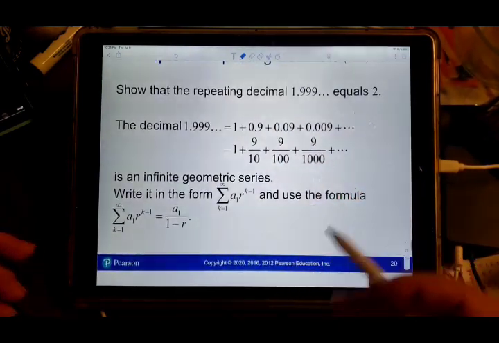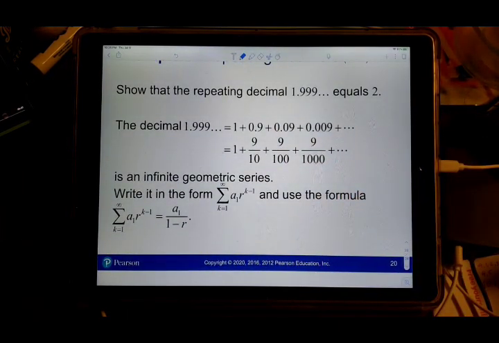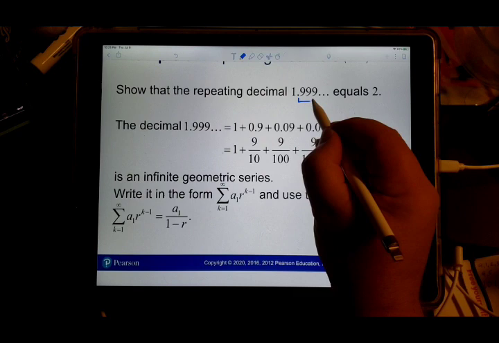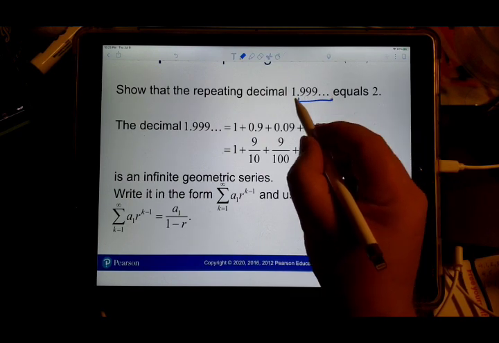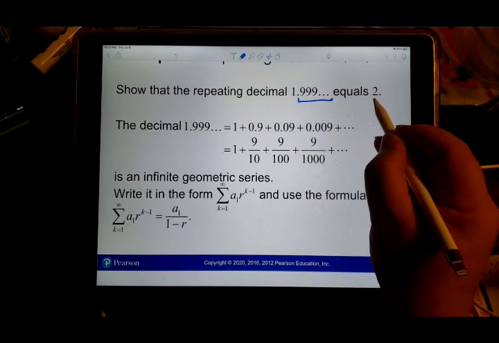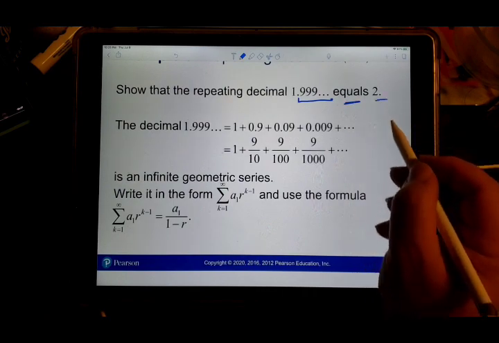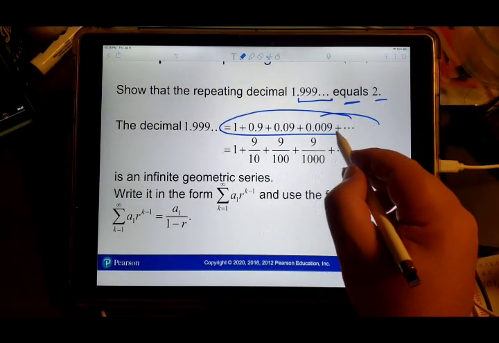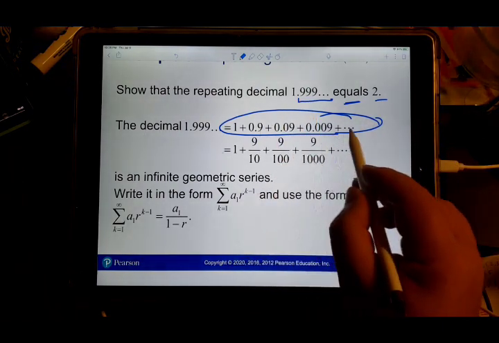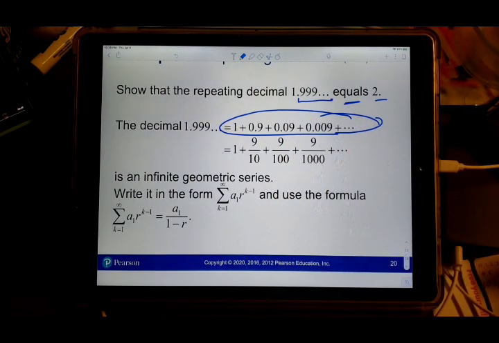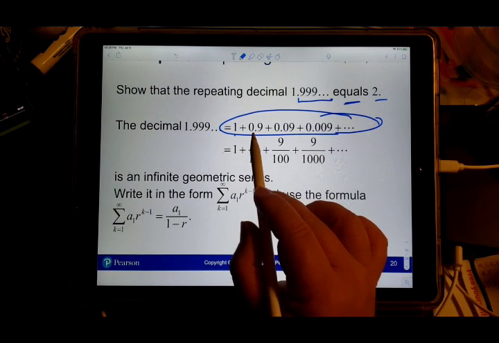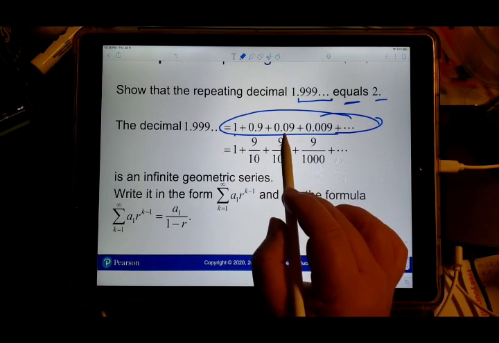All right, something that might be a little more familiar to you is repeating decimals. They're asking us to show that this repeating decimal, 1.999 repeating, actually equals 2. So we take the number and put it in a sequence. Look at the sequence. It starts with 1, and then we multiply by 0.9.